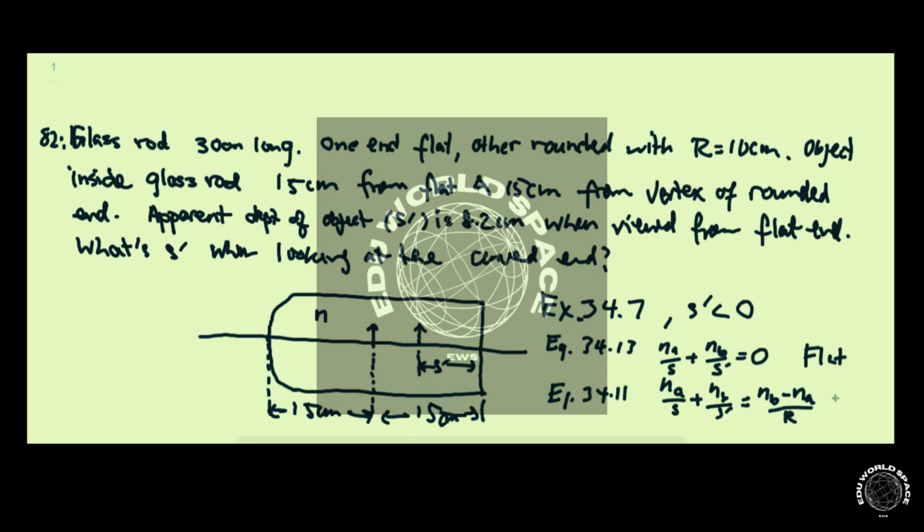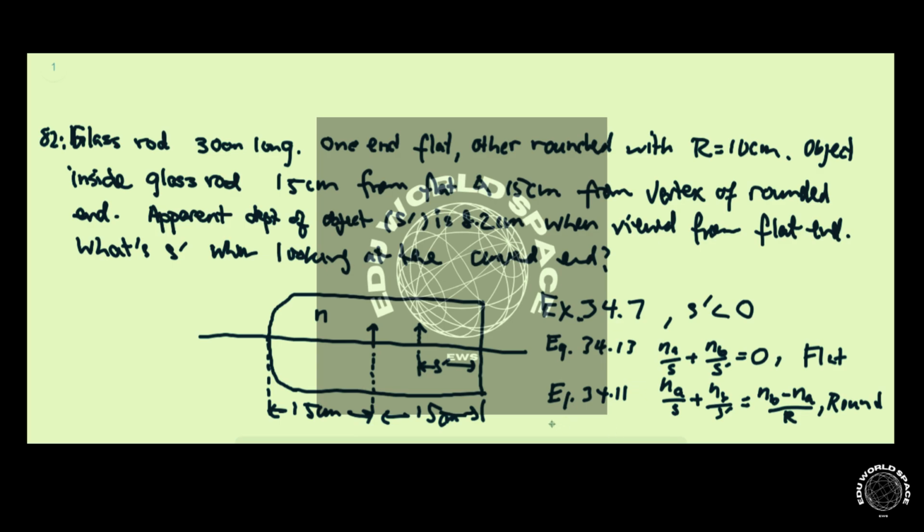And this is for the rounded end. The reason why they're similar is that you can derive the equation for the flat end from the rounded end by taking R to infinity, and then you get a 0 on the right-hand side.